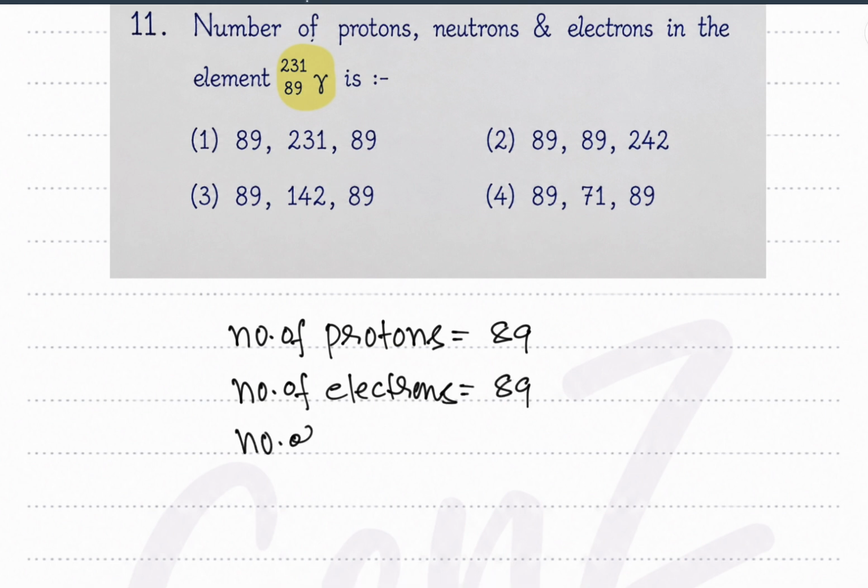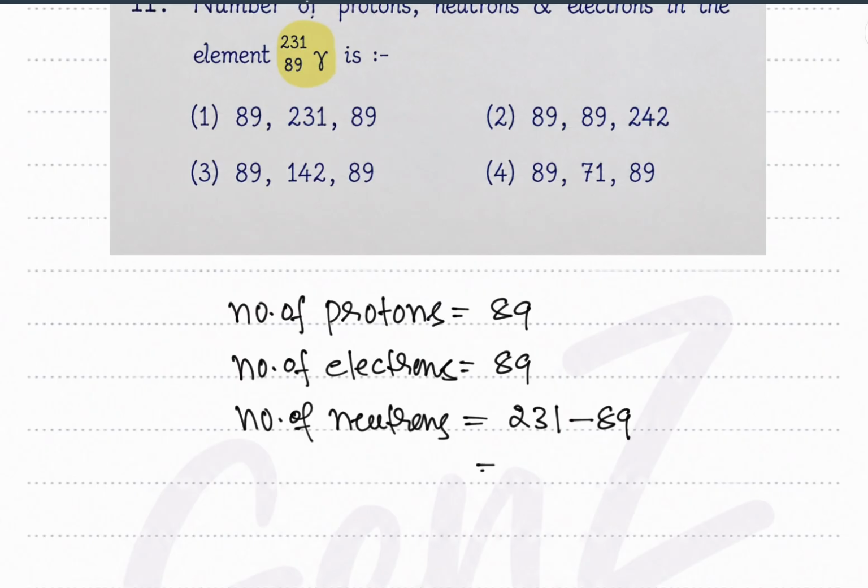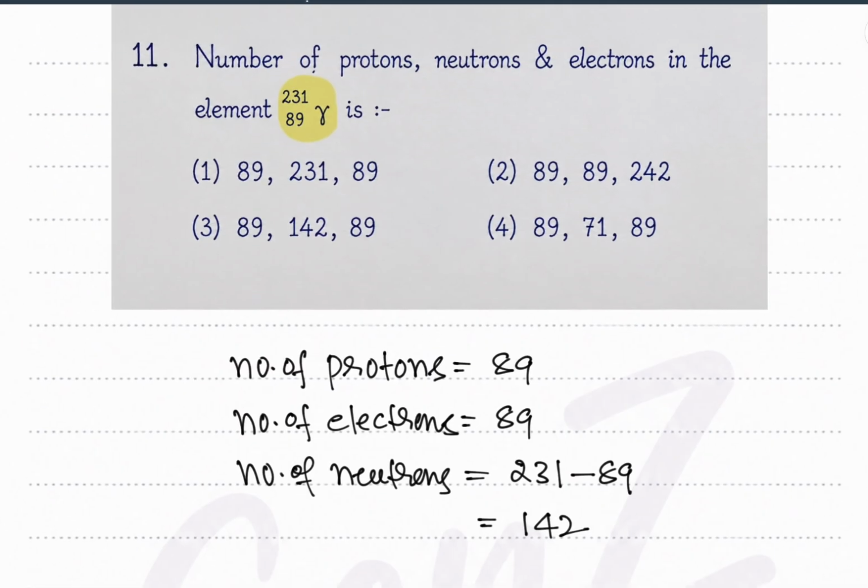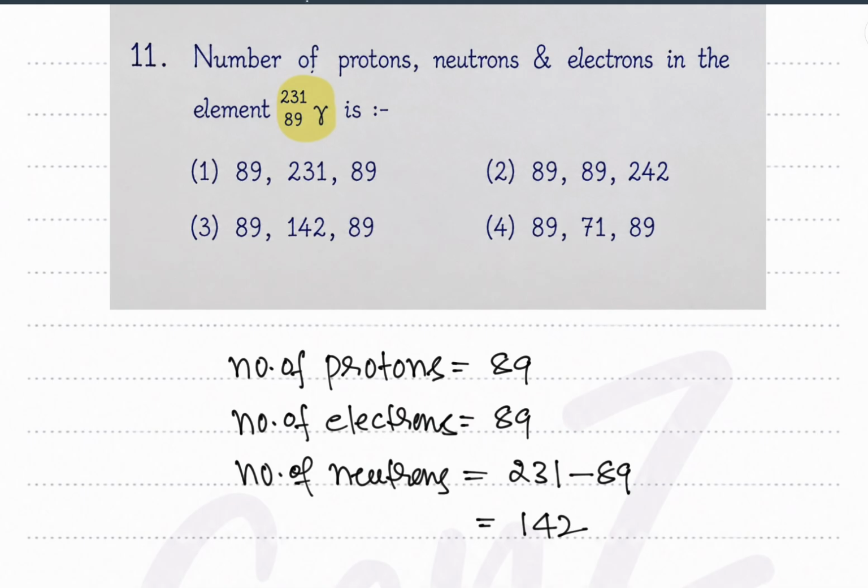Number of neutrons equals atomic weight 231 minus 89, which gives 142. They have asked about the protons, neutrons and electrons, so option 3 is the correct option for this question.